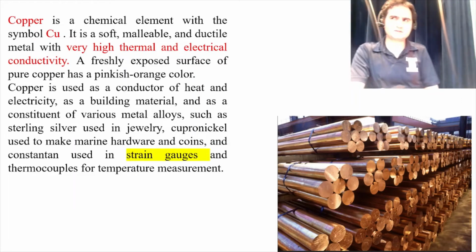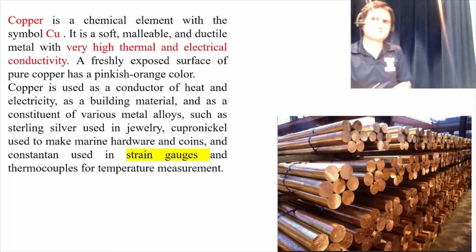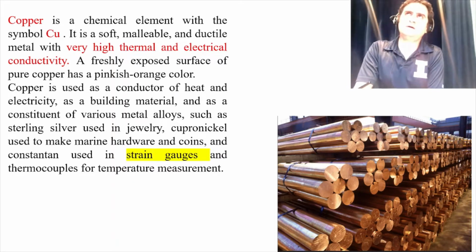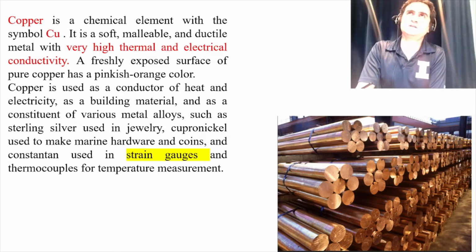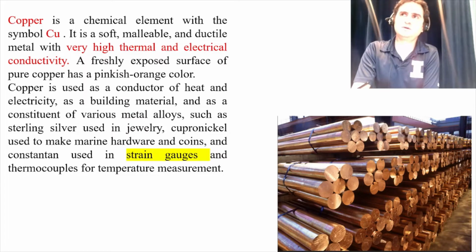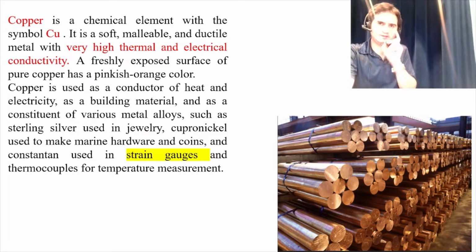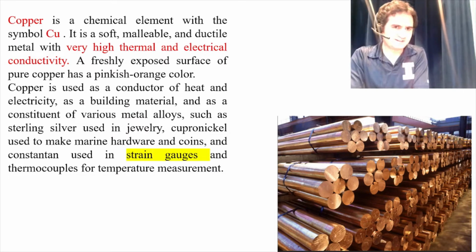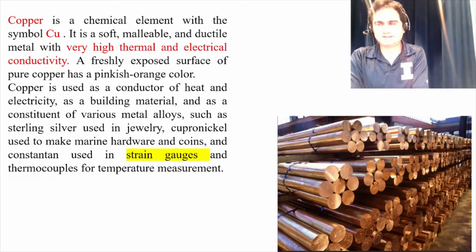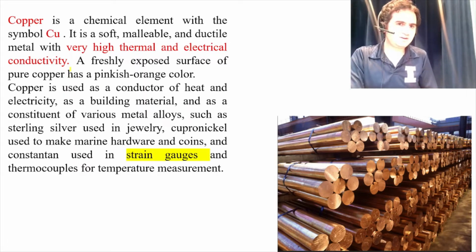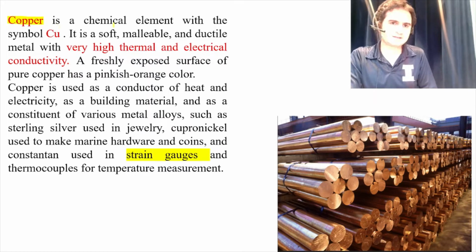In the previous video, chapter 4, thermal expansion example 2, we studied aluminum and stainless steel. Here we have an additional material, copper, a chemical element shown by Cu.